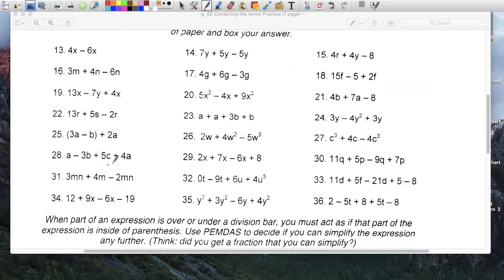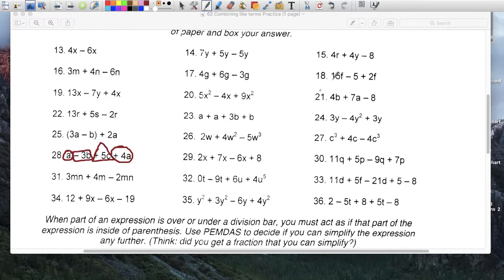28. I can add, so I can put a circle around the a, a circle around the 4a. Let me do this a little bit more neatly. So I get a circle around this guy, a circle around the plus 4a, a rectangle here, and a triangle on the 5c.